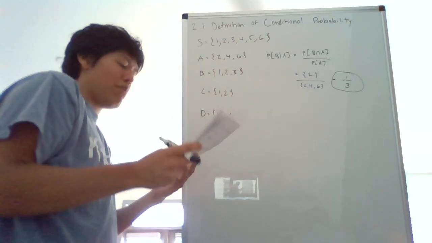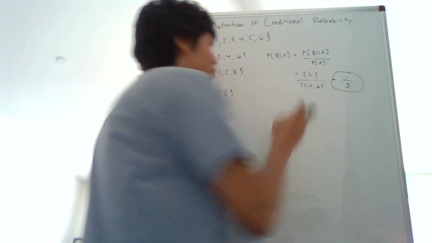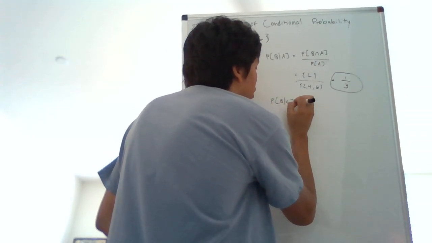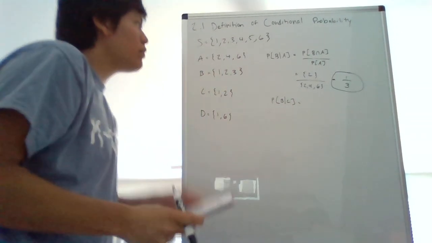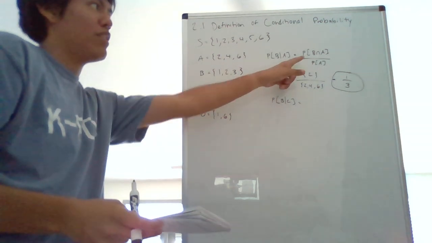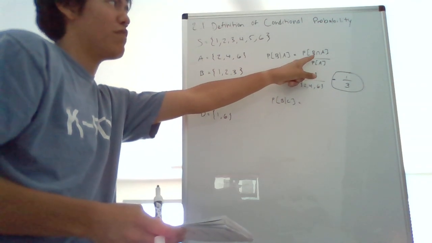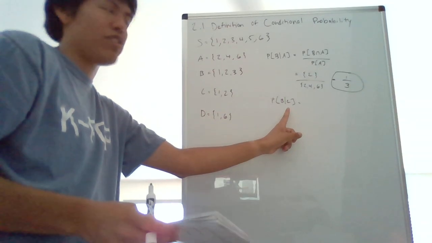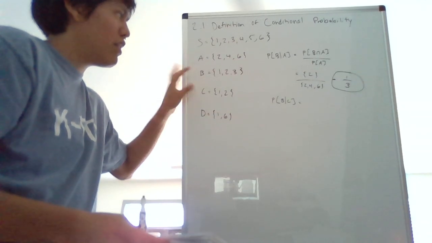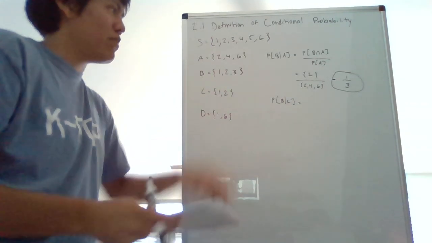All right, what about the probability of B given C? So remember, the numerator, just like this one, would be the intersection of B and C. So, what is in both B and C? 1 and 2.